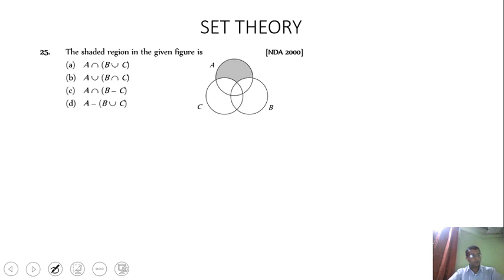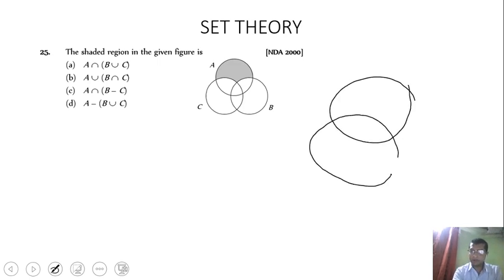Now we'll study example number 25. The shaded region in the given figure is, that is, we have 4 answers. We have to guess the correct one. For that, I will give you a simple hint.